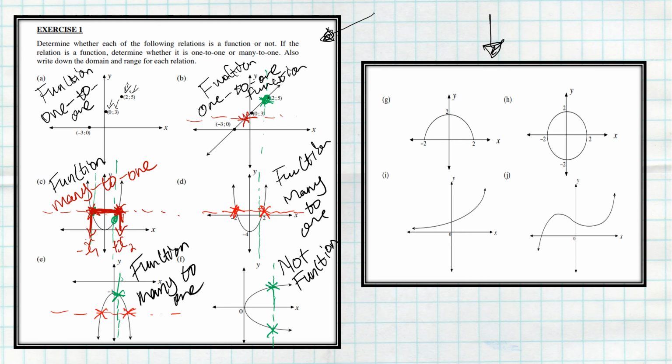But with understanding, why is this graph not a function? Let's go back to the definition. Not a function is where more values of y correspond to a single value of x.